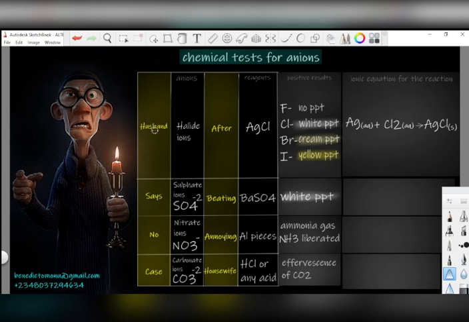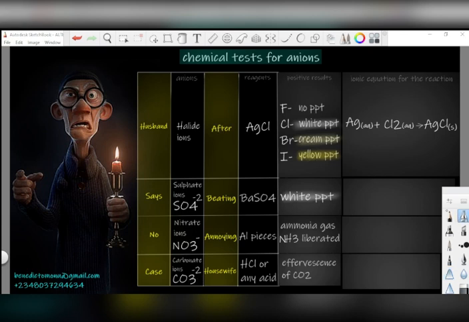Now, husband here, I'm representing halide ions. Says here is representing sulfate ions. No here is representing nitrate ions. Case here is representing carbonate ions.